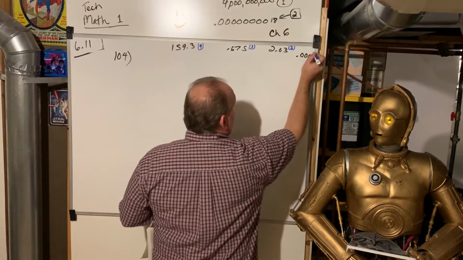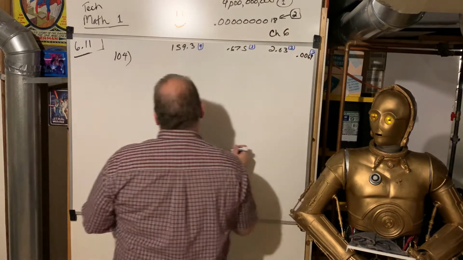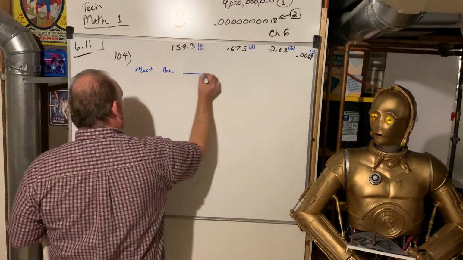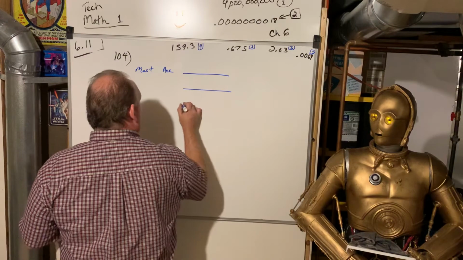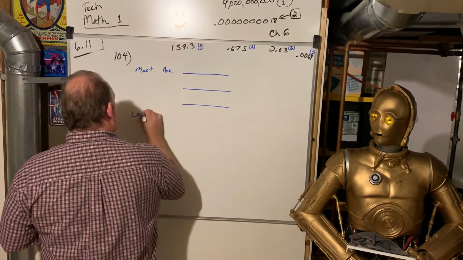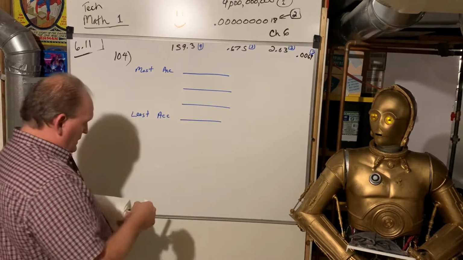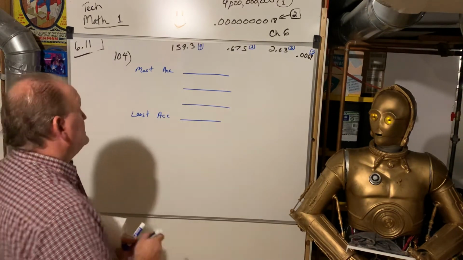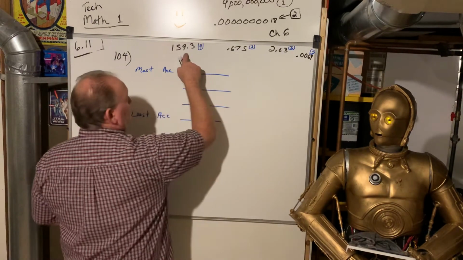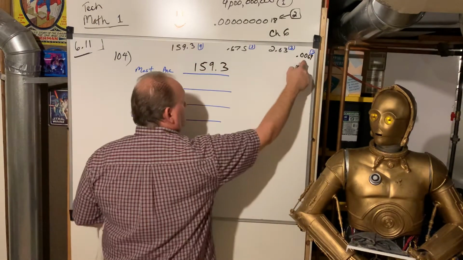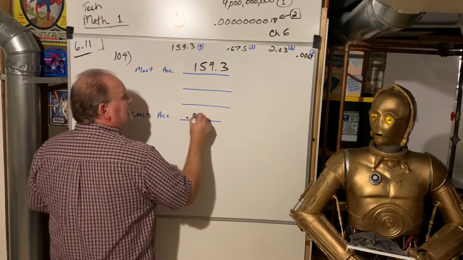And this one has 2. So most accurate, and then the next, and then the next, and the least accurate. Okay, so most and least are easy. Most accurate: most significant digits. Least accurate: least significant.